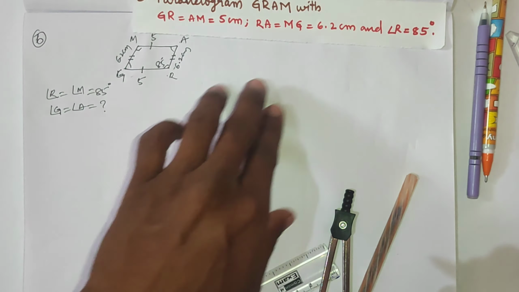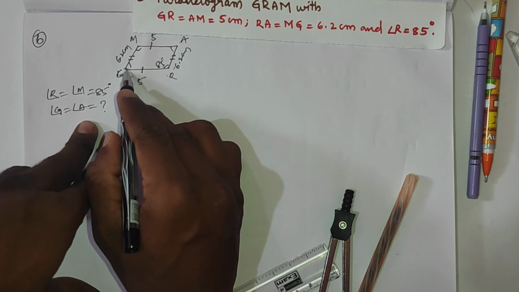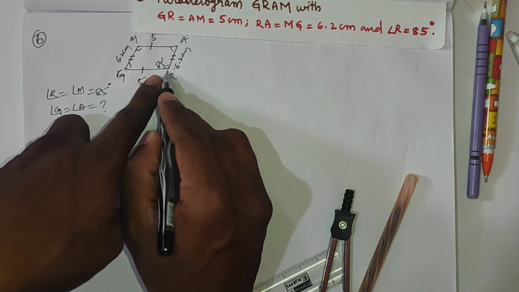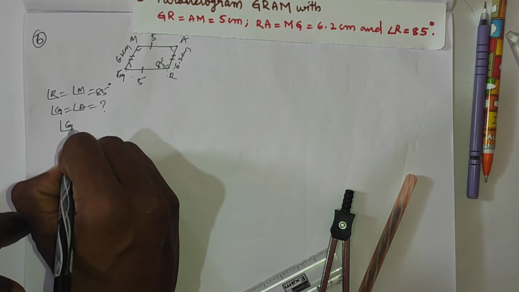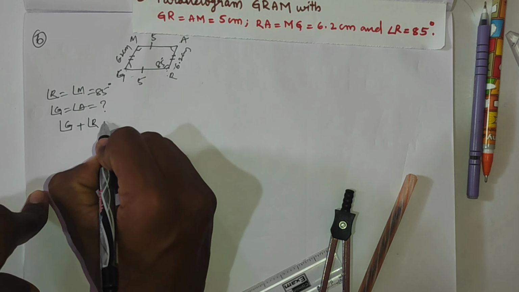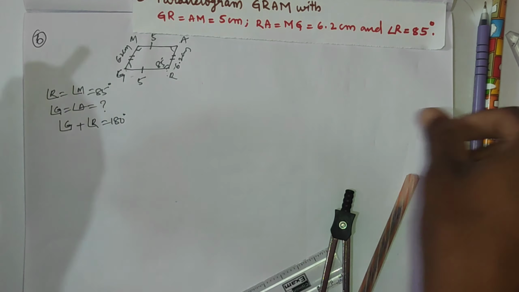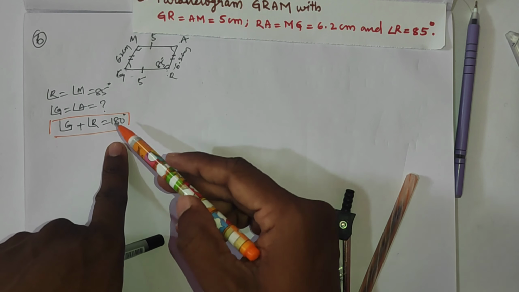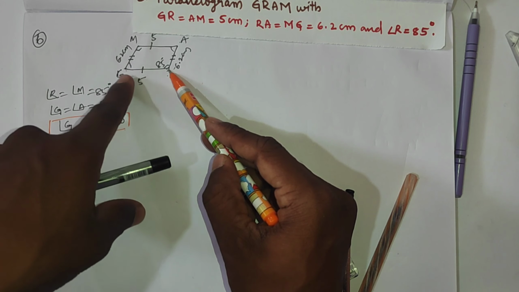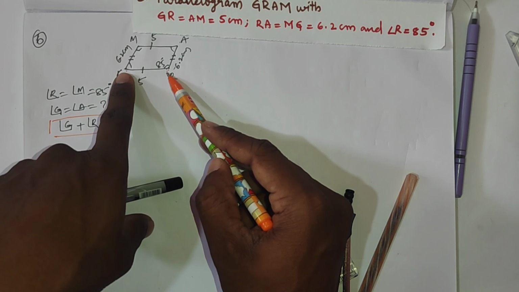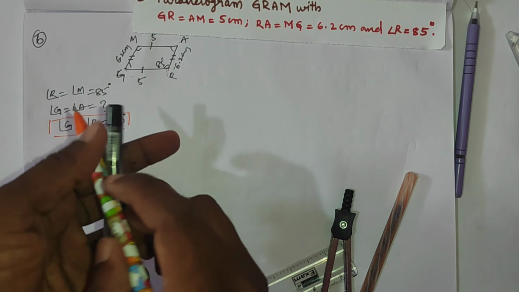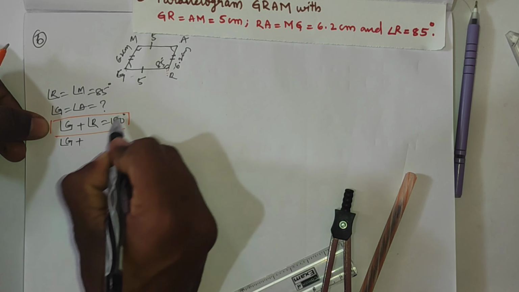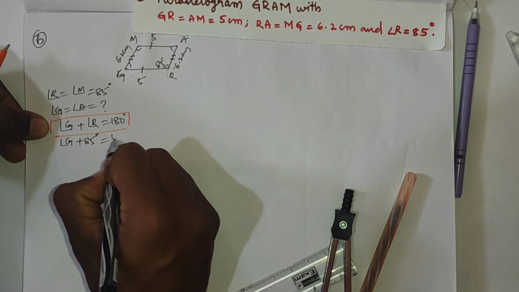First we have to find it, and we know the property that the consecutive angles in a parallelogram are supplementary. Angle G plus angle R is equal to 180 degrees, because consecutive angles are supplementary in a parallelogram. Now angle G we don't know, so angle G plus angle R, which is 85 degrees, is equal to 180.